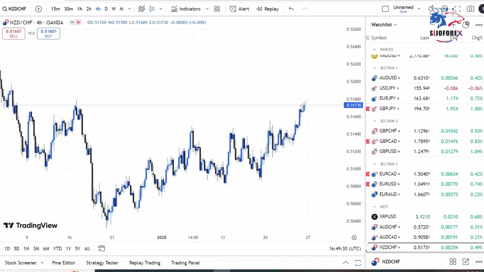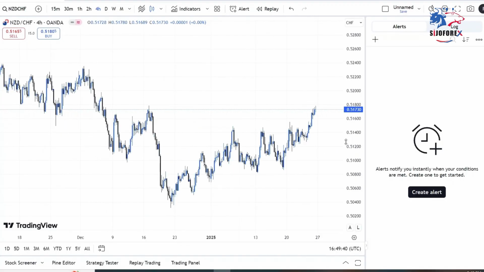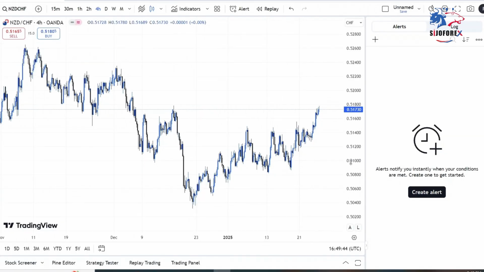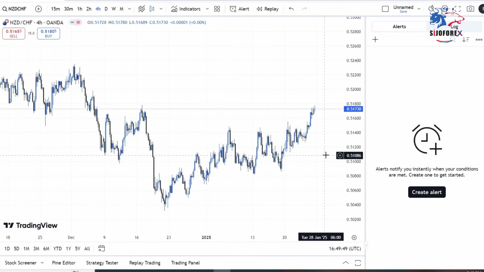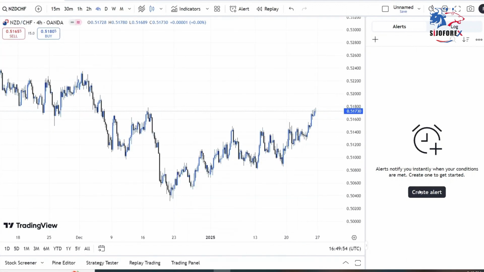So again, this place you can create an alert. I have a little Nigerian accent in my mouth. I grew up there, so we used to call it the alert. When the alert is okay, you can create it here, but you need to do that with the pro version.